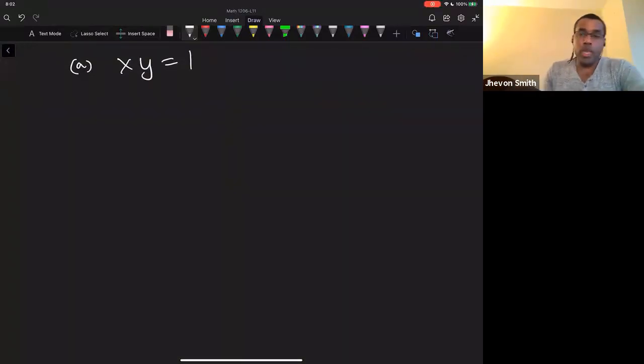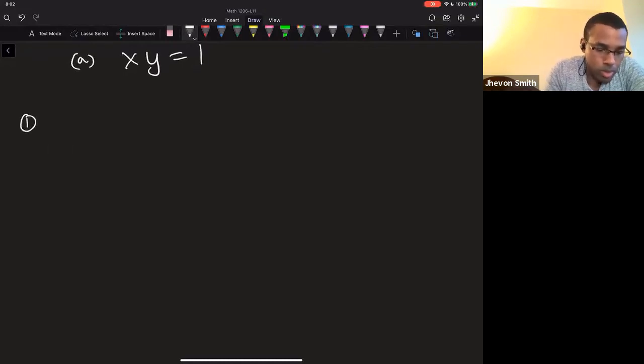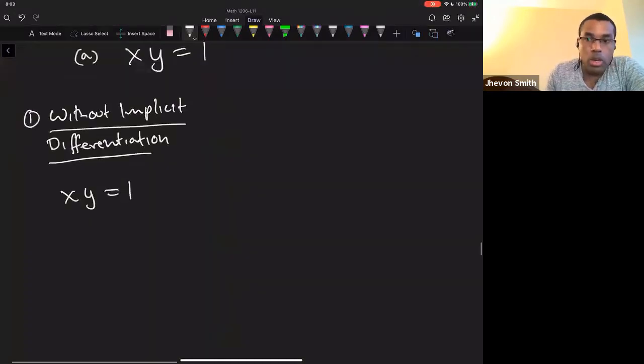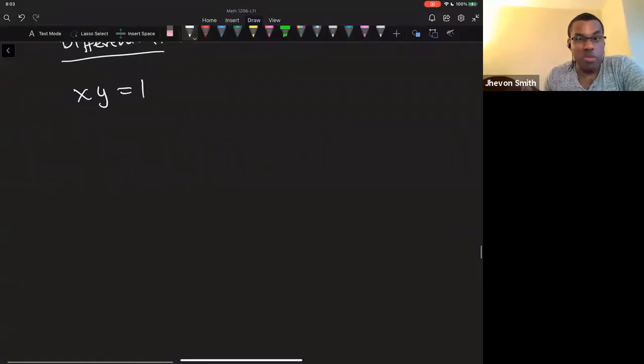There's actually a couple ways we can do this. You can actually do this without implicit differentiation. You can just solve for y, it's not a big deal.